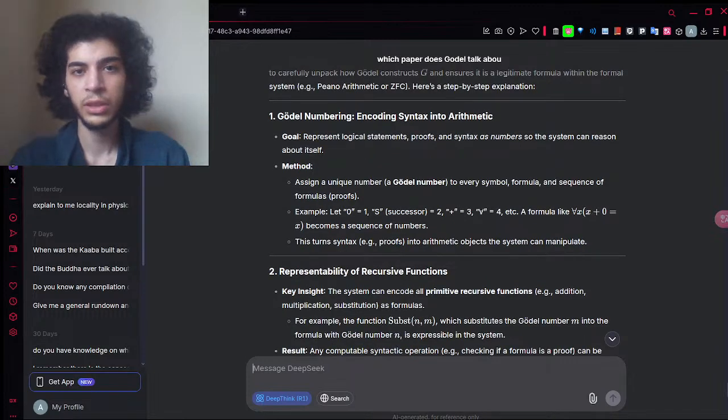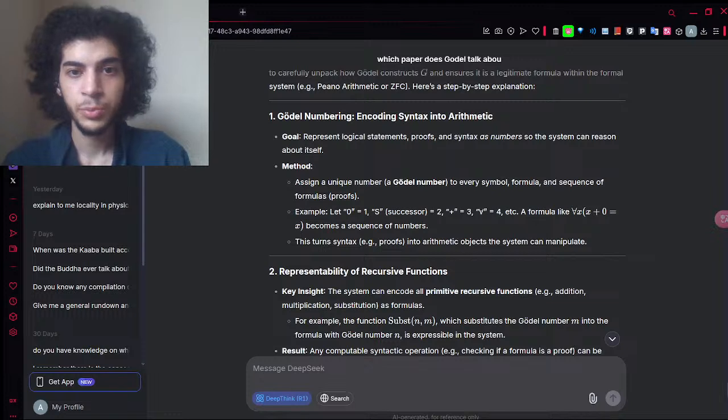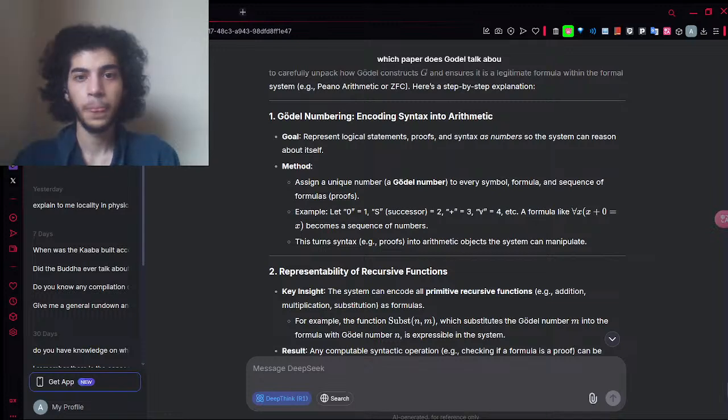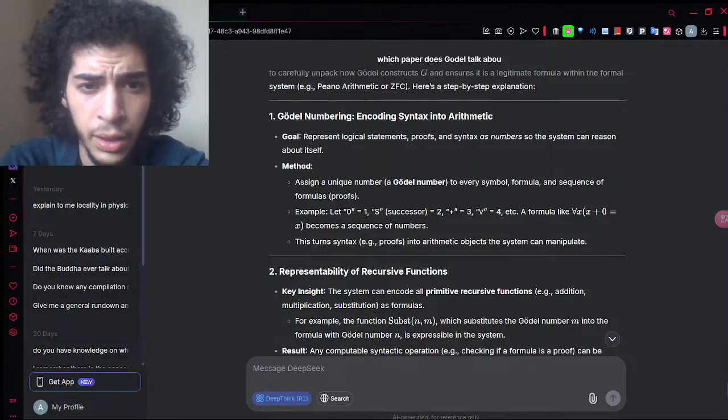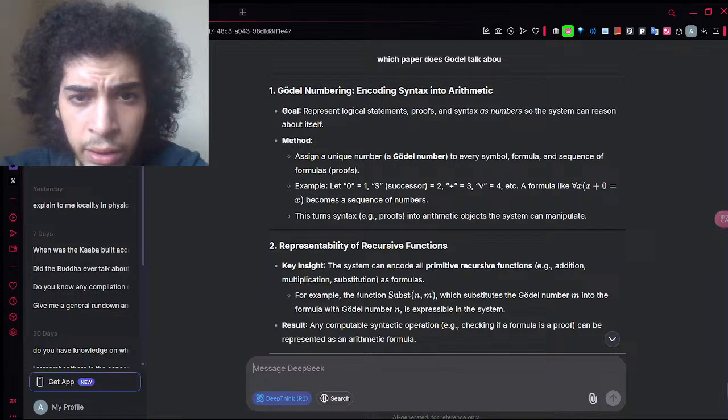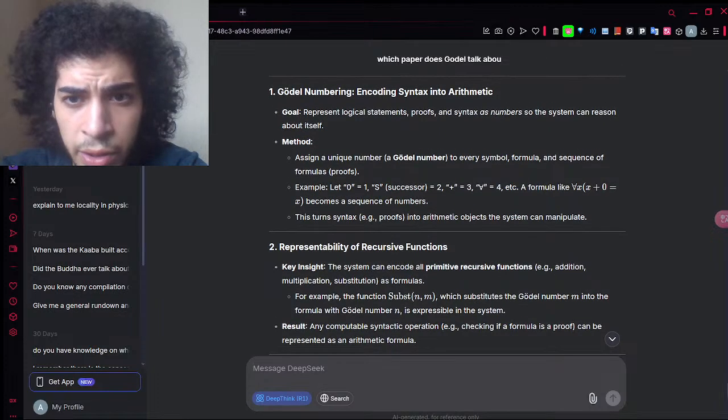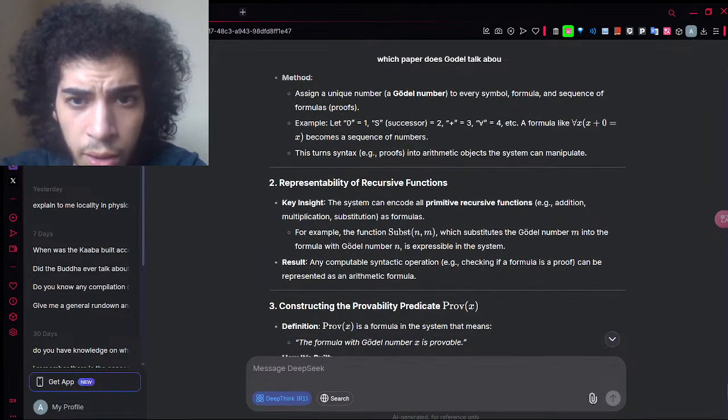We're gonna get into the second incompleteness theorem as well later, if we have time. Represent logical statements, proofs, and syntax as numbers so the system can reason about itself. Assign a unique number, a Gödel number, to every symbol and formula. Okay, so we do that.